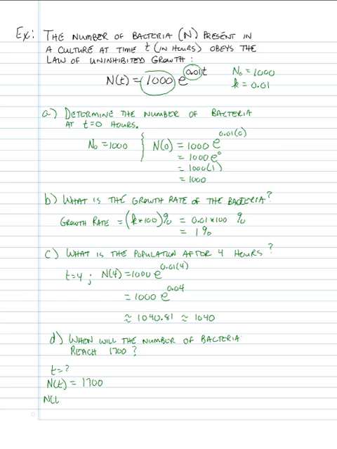N of t from the model is 1,000 times e to the power 0.01t. And if we know that we want the amount to be 1,700, that means the left side of the equation is going to have to be 1,700. And what we're trying to do is solve for t. If you look at what we've got here, we've got nothing more than an exponential equation with the unknown t in it.